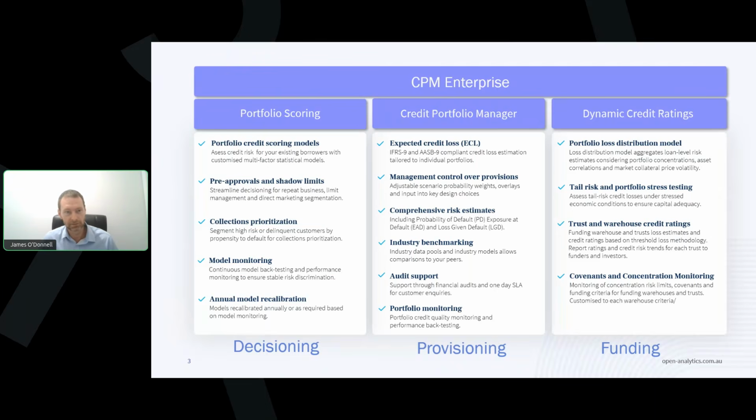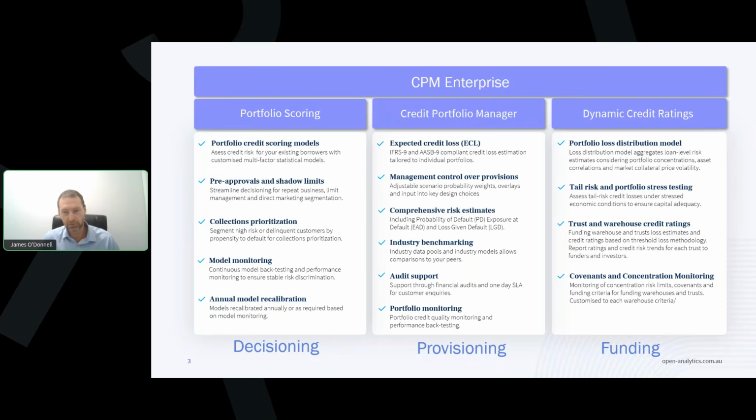The primary use case for these models is automated decisioning for existing customers: anything related to loan extensions, limit increases, top-ups, or new lending to existing customers. These models enable you to fast-track credit applications for your existing customers.